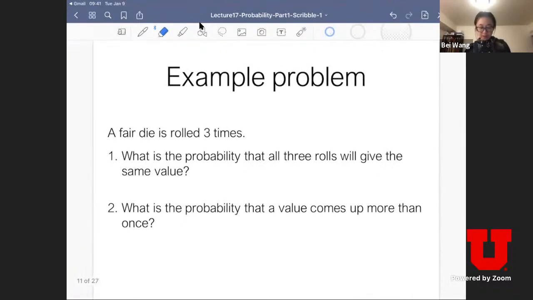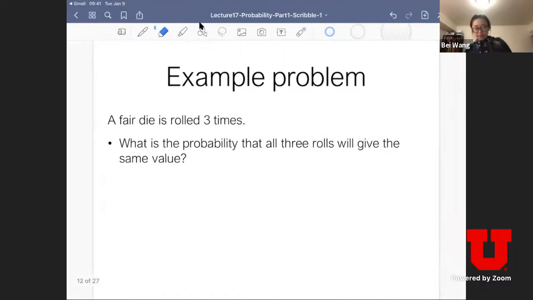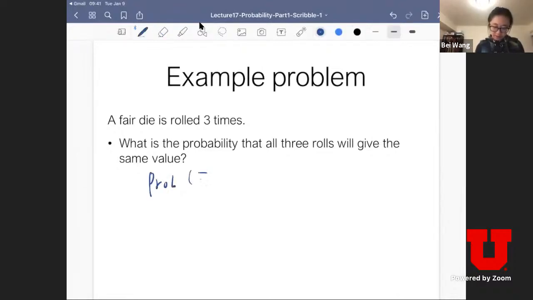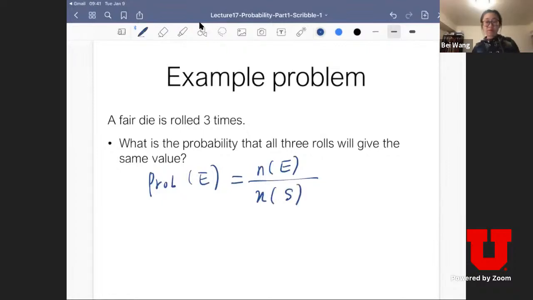Okay, so let's look at the first question. A fair die is rolled 3 times. What is the probability that all 3 will give the same value? So again, the probability of an event is the number of successful outcomes over the number of all possible outcomes. So I just need to define the size of the sample space.